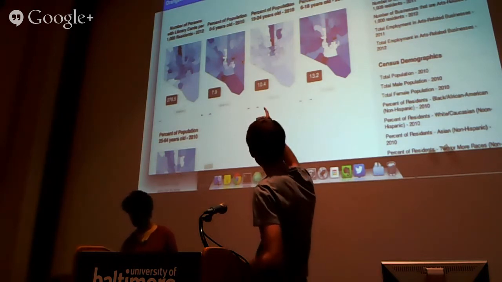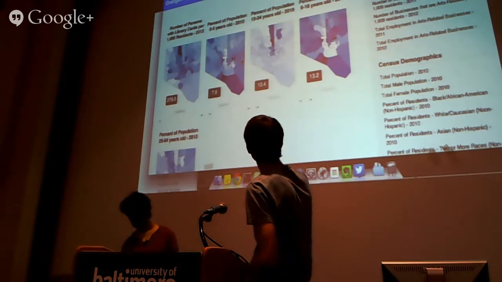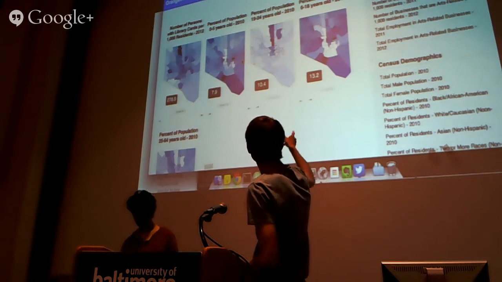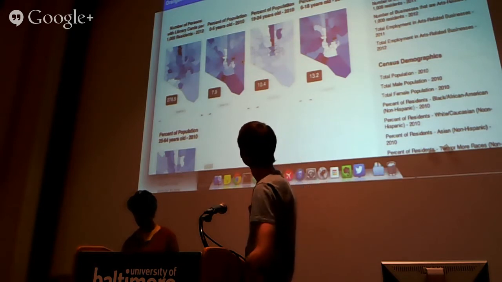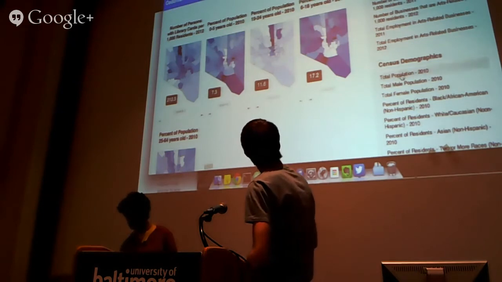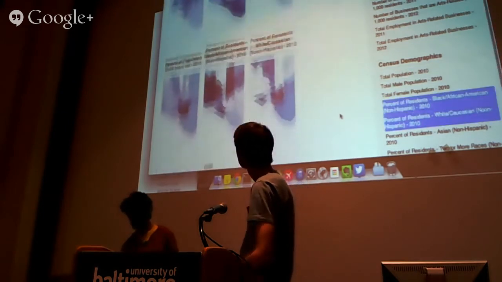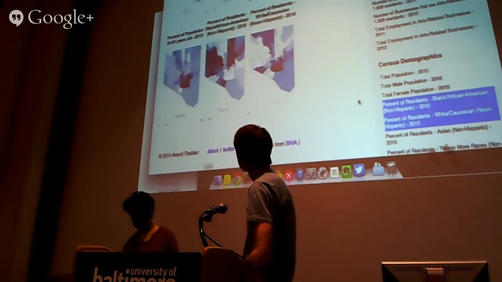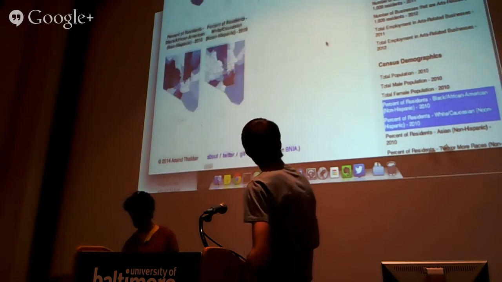So, percent of population 19 to 24 years old in 2010 is 10.4, and in the same year, in a different age bracket in the same place, that's 13.2. So you can see one neighborhood across many indicators in a very small amount of space, which is kind of nice. You can turn these things on and off, hide and show, display any number of them, and reorder them.